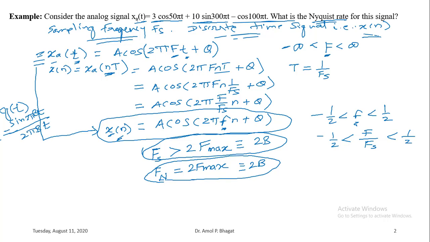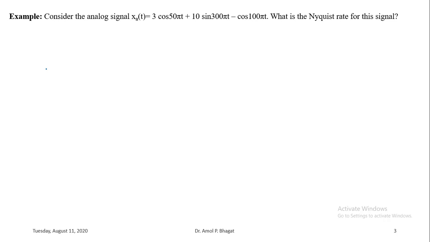How to use this interpolation function for reconstruction of the analog signal from the discrete time signal has been stated in the sampling theorem. We have seen it in the previous session, right? So to reconstruct the analog signal from the discrete time signal, we should select the sampling frequency sufficiently high, greater than twice the maximum frequency. Okay, so now let's solve this problem.